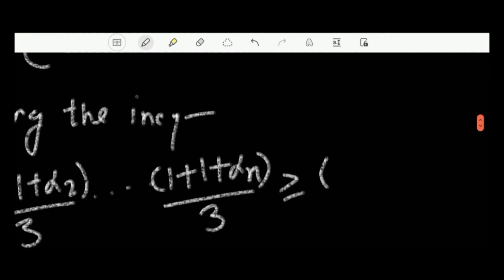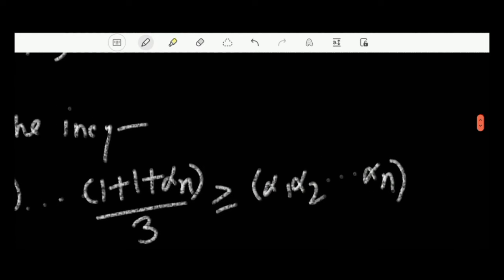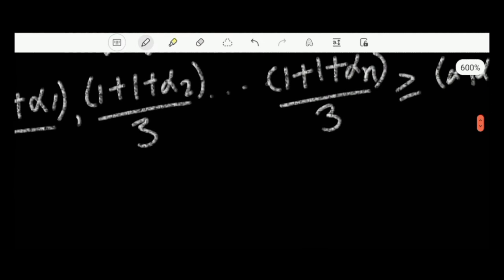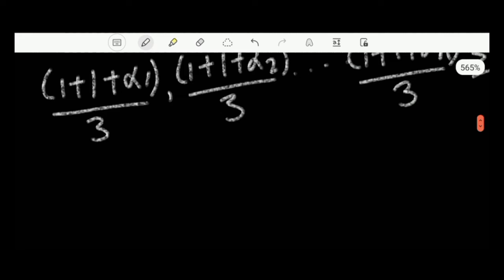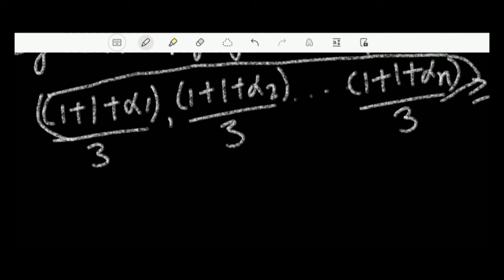So we multiplied the left hand side of the inequality, and now on the right hand side we obtain alpha 1, alpha 2 up to alpha n whole raised to the power one third. And here we can simply say this upper expression is nothing but our p of 2.